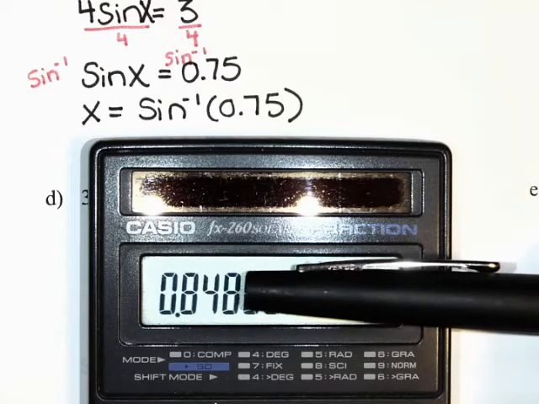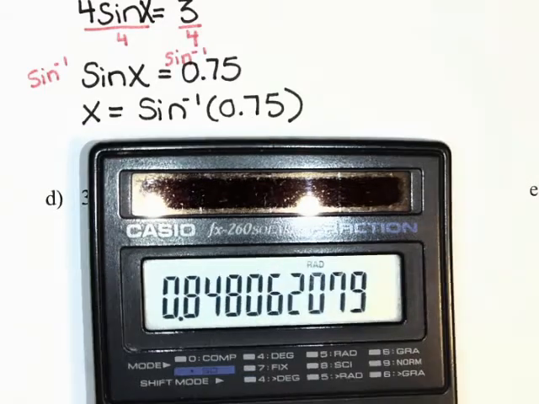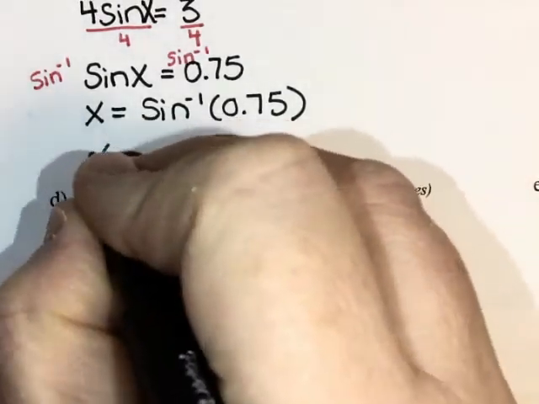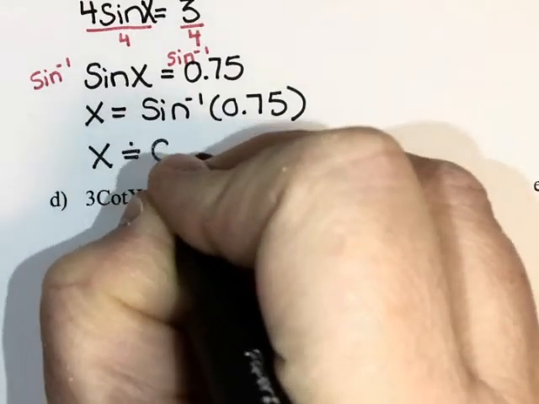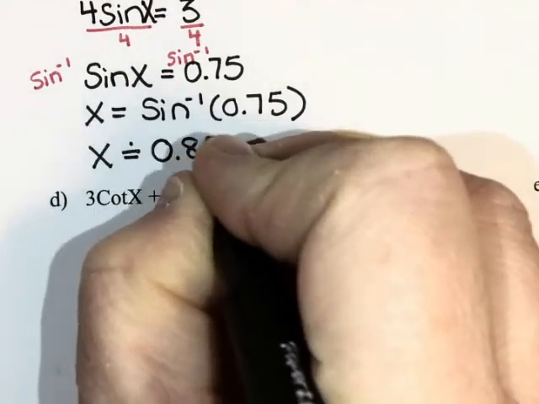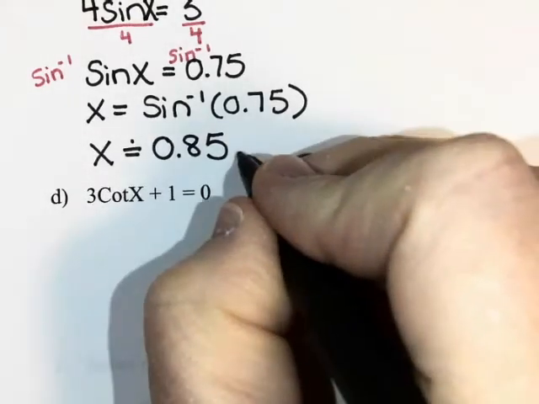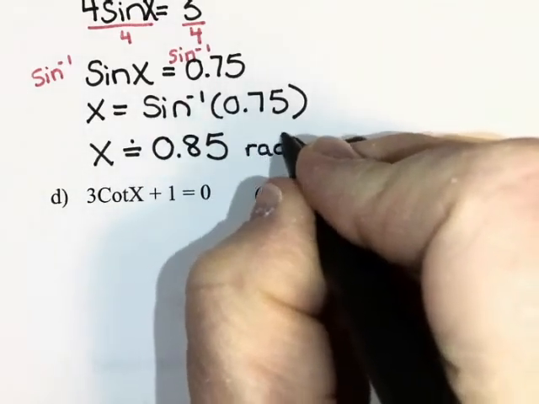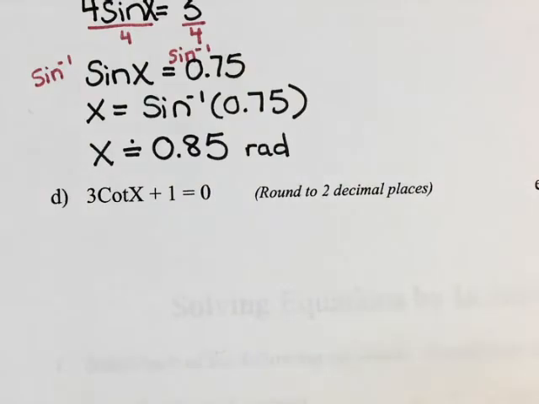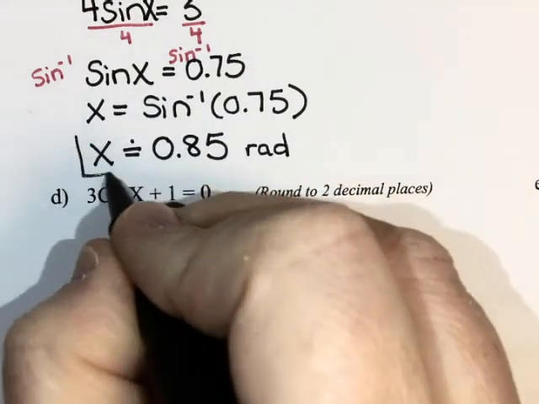The next digit is an 8, so that would push that up to 0.85. So x is approximately 0.85. Now when I'm solving for x, we are trying to find the angle that we took sine of. So this actually would be in radians because we are solving for the angle. And there's my final answer.